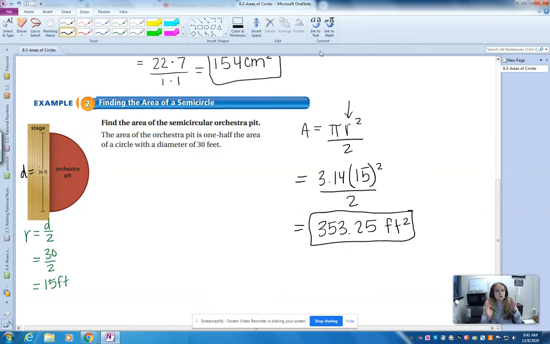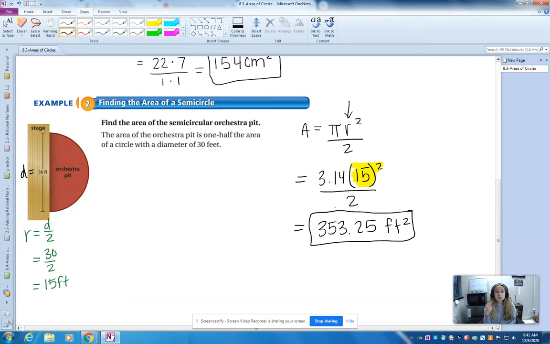Reminder, if you are having troubles calculating this, remember that you do need to do this first, okay? So you can always do that first in your calculator, 15 squared or 15 times 15. And then from there, multiply that with 3.14. And then once you get that answer, divide it by 2. Okay, so whatever helps you get it in your calculator, if you're struggling with the calculations, just break it down step by step. Okay, so that is the area of a semicircle.